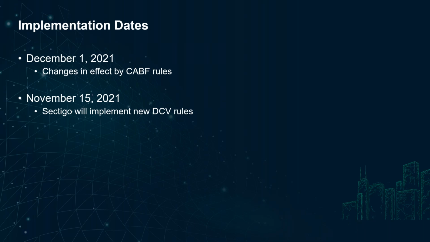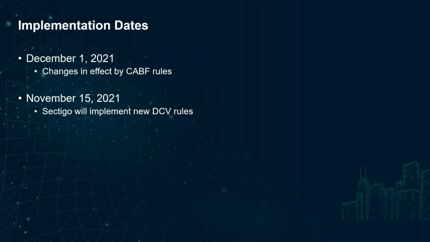With changes of this magnitude, we always build in a buffer period so that there's no chance that any kind of weird timing with system clocks or releases or anything like that interferes. So in our case, the date is November 15.